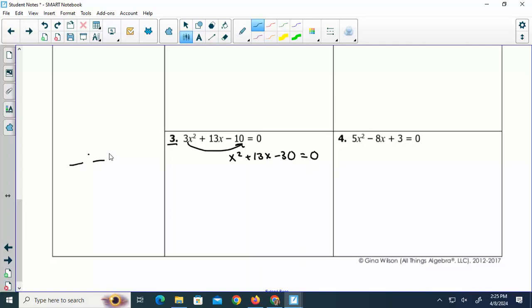So two things multiply to a negative 30 and add to a positive 13. Positive 15 times negative 2 is negative 30. 15 plus negative 2 is 13.